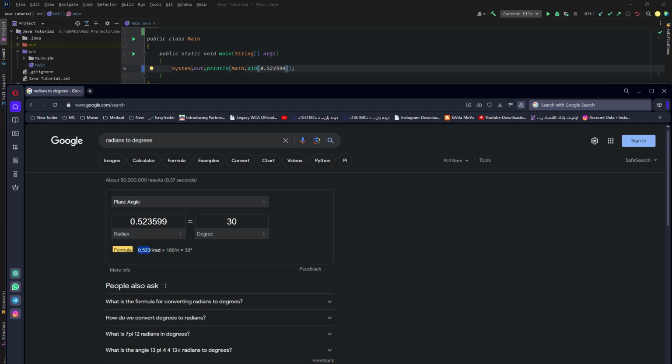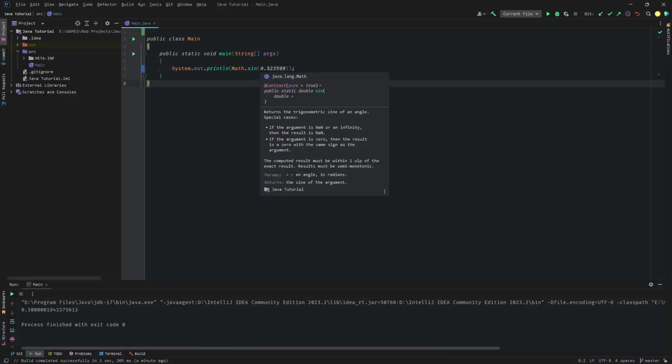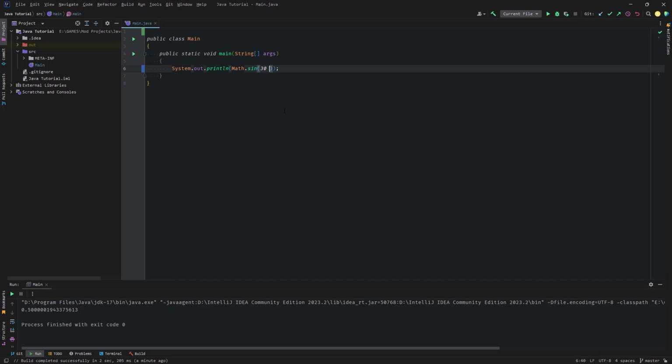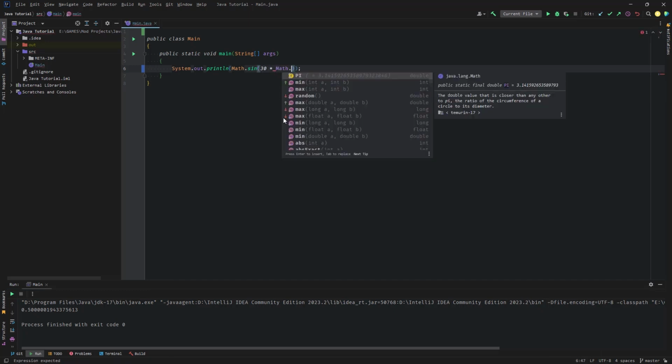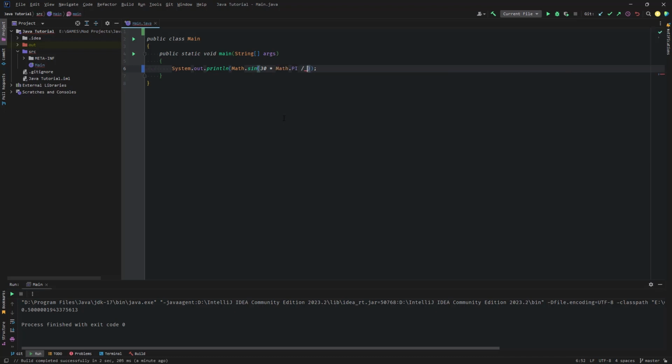You notice that the radian multiplied by 180 divided by pi equals the degree. So we need to convert it back. So if we want to say 30 as the degree, we have to multiply by Math.PI divided by 180. And now we have the radians. And remember, it was 0.5. If we run this one, it's really close to 0.5. That's the sine for you, okay?